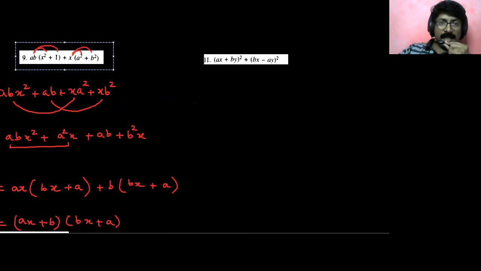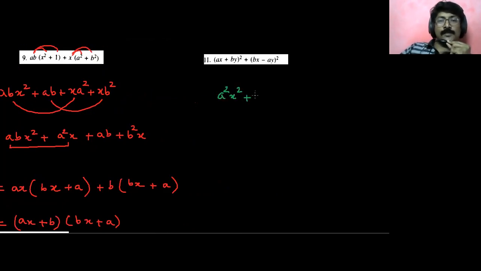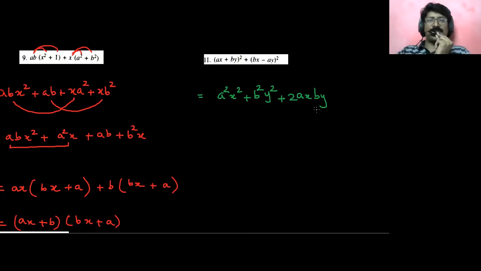Like this will be expanded as a square x square plus b square y square plus 2axby. Okay, now some people will wonder, from where does this 2axby come? So this is x plus y the whole square. So x square plus y square plus 2 times the product of the first term into the second term.